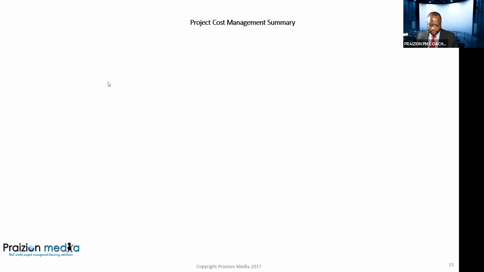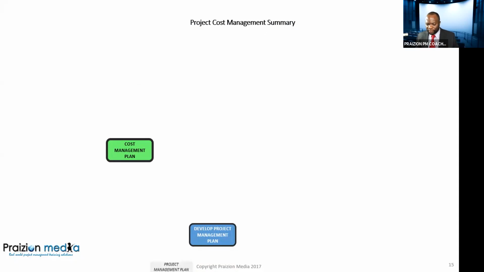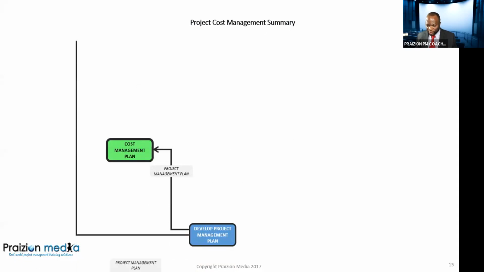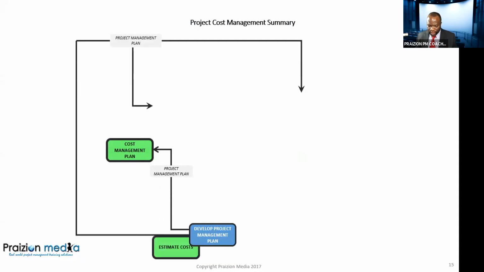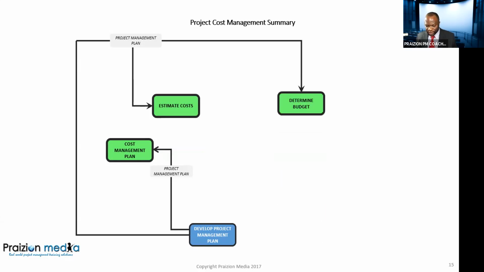All right, so welcome to the data flow section. Let's start off with our usual relationships between develop project management plan and the subsidiary planning process for this knowledge area. The project management plan is used as an input, as usual, to many, in fact, all the processes in this knowledge area. So estimate cost uses the project management plan, which contains the cost management plan, and so does control cost.